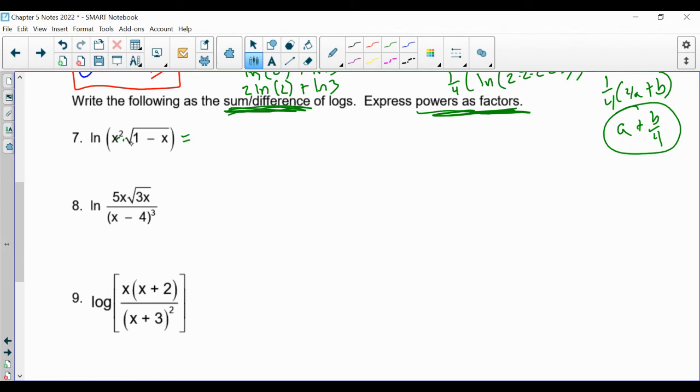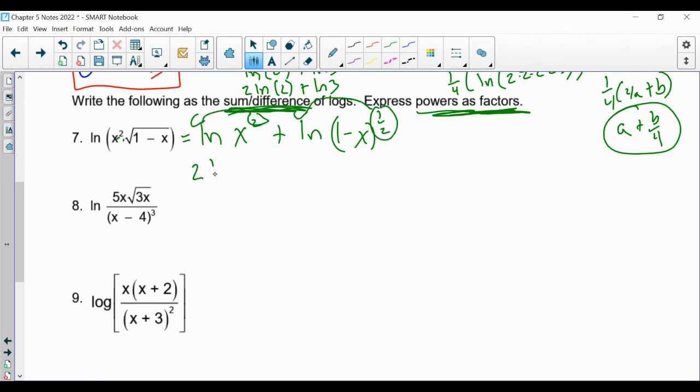So looking at this, I'm going to deal with the times first, that multiplication. So I'm going to say natural log of x squared plus natural log of the 1 minus x to the 1/2. Again, switching that up to a power just so I can clearly see that's a power, because then I have to do something with that, which now all I have to do is bring these to the front.